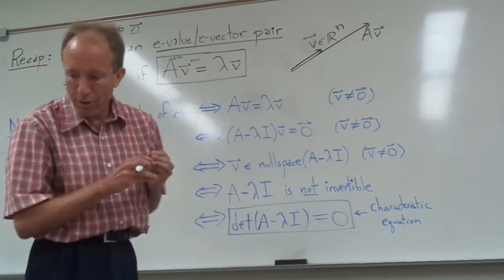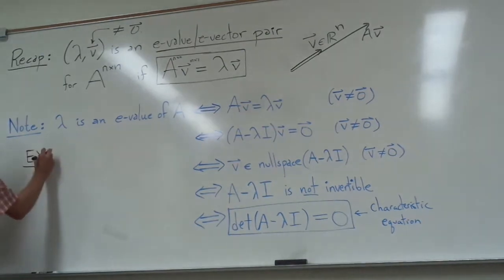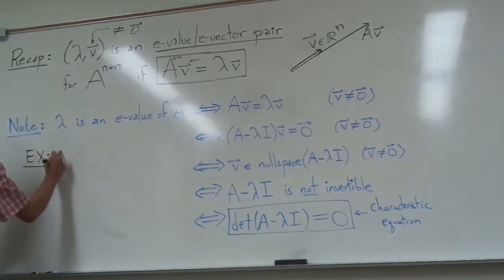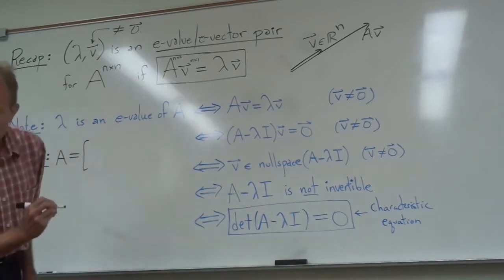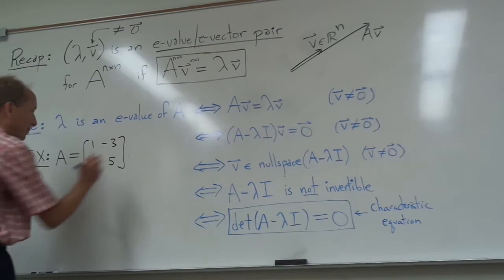Let me show you a very quick example of that. I did one before, but let me just do a simple one here. Let's take A to be the following 2 by 2 matrix: 1, -3, and 1, 5.